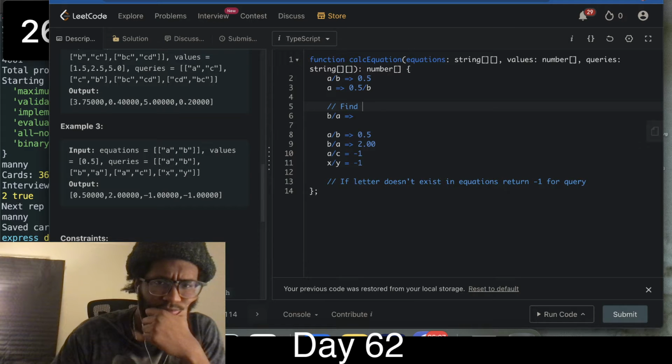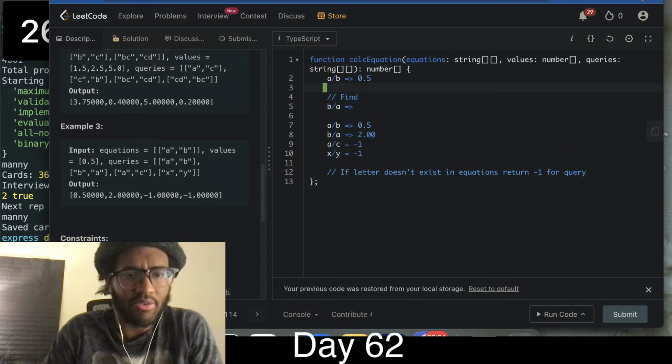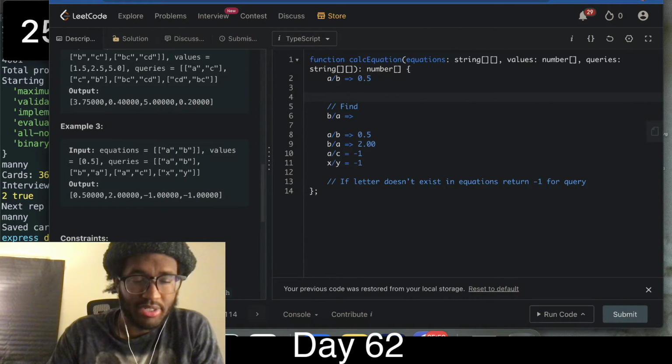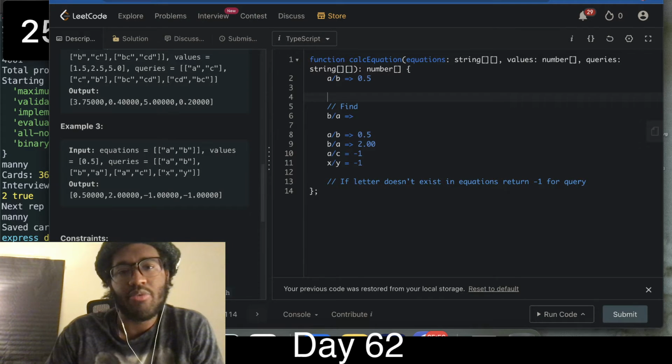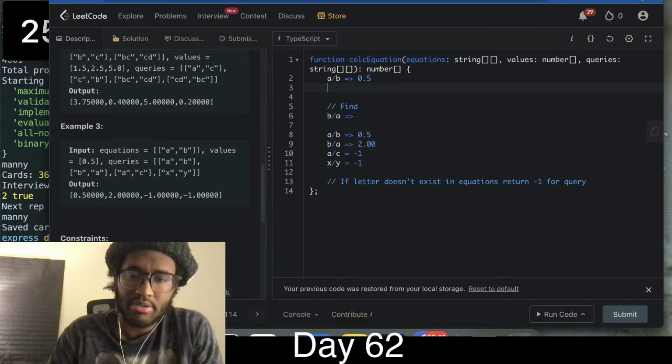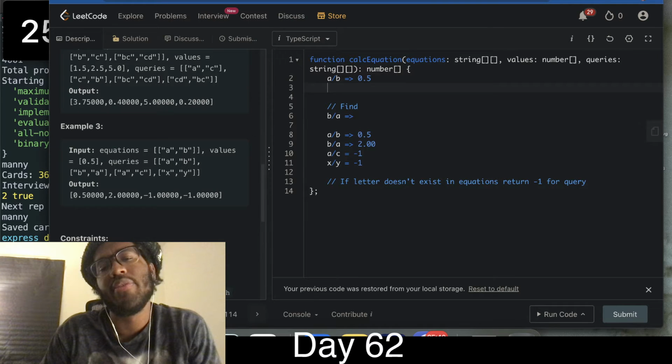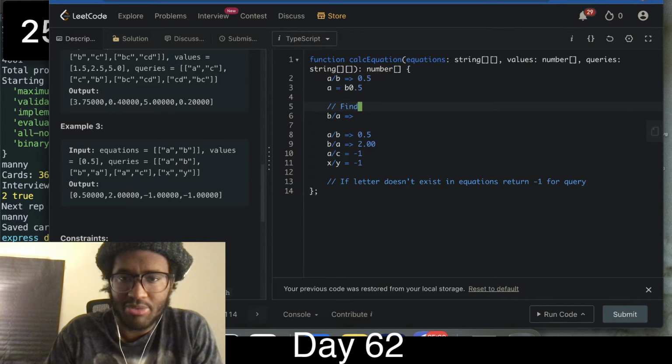So what if we take a different one? We don't need anything more in equations, maybe we just need things that exist in queries. So we have A comma B. What if we do something with B comma A? Like we set up here, we're doing something with B over A, so what if we solve for A? That would mean that A is equal to B times 0.5.